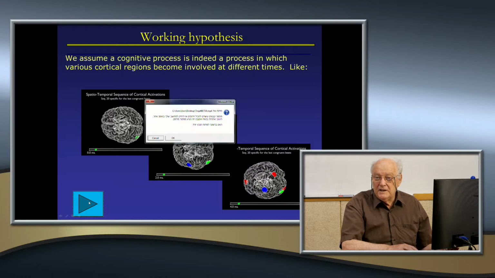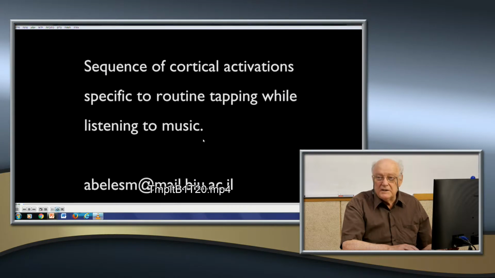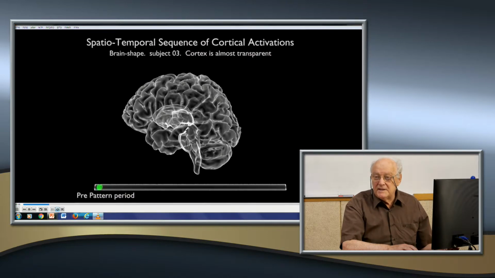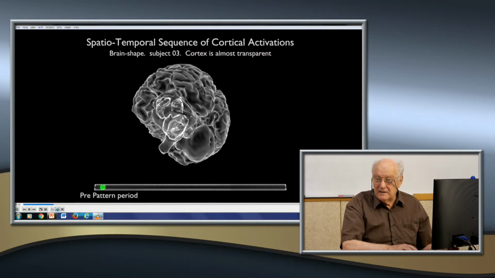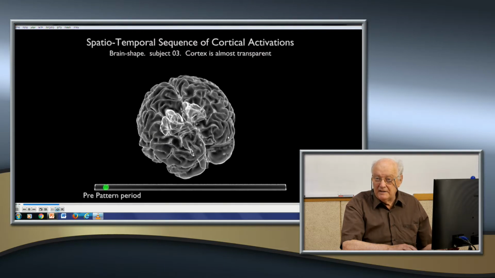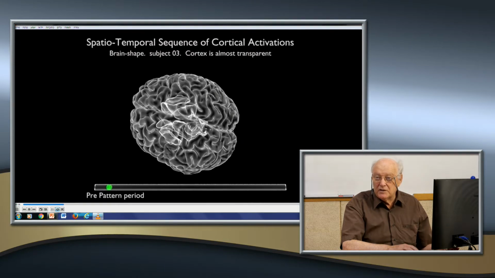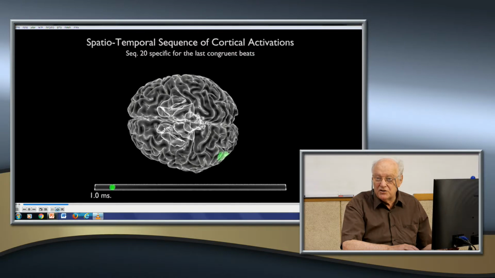The movie shows such a sequence of cortical activation which is specific to routine tapping with the fingers while listening to music. In this movie, we see the subject's brain as rendered from fMRI. It is partially transparent, so you can see also the brainstem and inner structures.